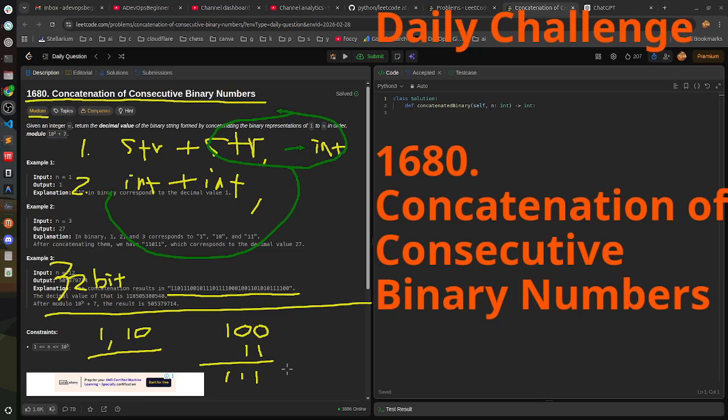Same thing. Instead of adding a number directly, I shift this number to the left, or multiply it by 2 to the power of n. That's the way we're going to solve this problem.